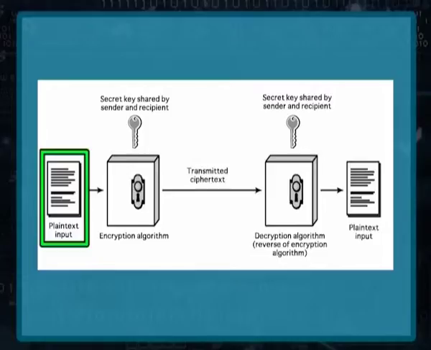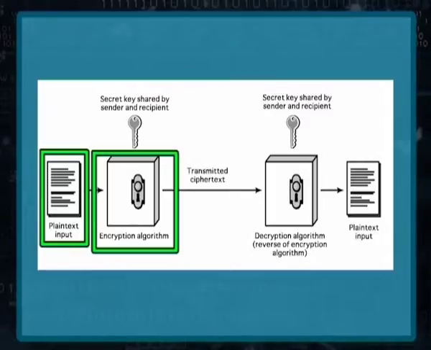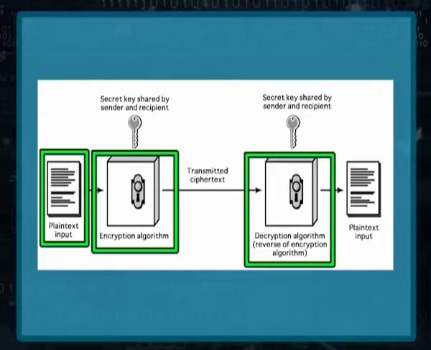In this model, plain text is used as input. We convert the plain text into cipher text by using the encryption algorithm and key. On the receiver side, cipher text is converted into plain text by using a decryption algorithm and the key. Sender and receiver share the same secret key.